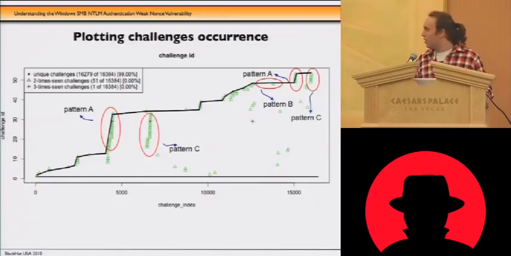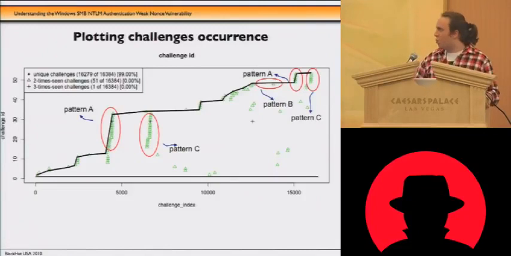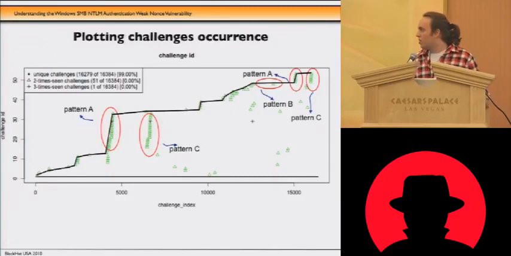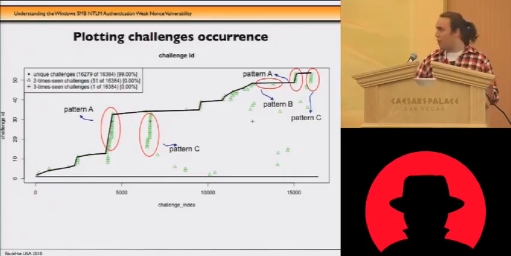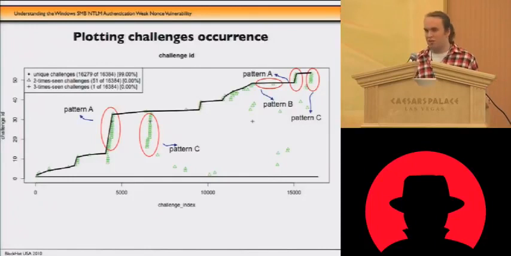We can also see a pattern C, which is found below the curve of IDs and mimics pattern A, and that means that within a short time frame, a lot of duplicate challenges were issued in the same way as in pattern A. So for us, this is enough information to carry out some attacks.